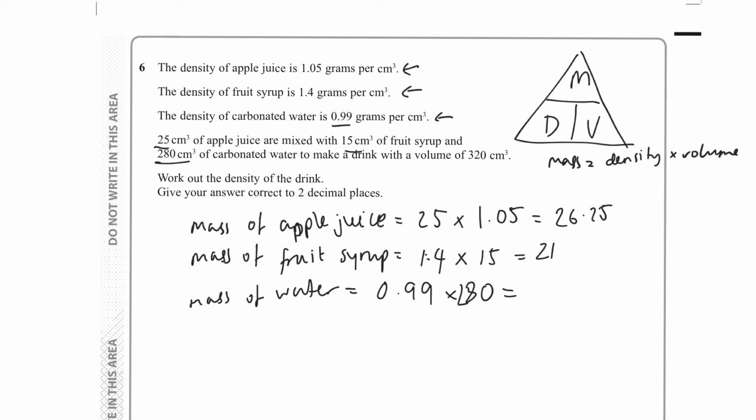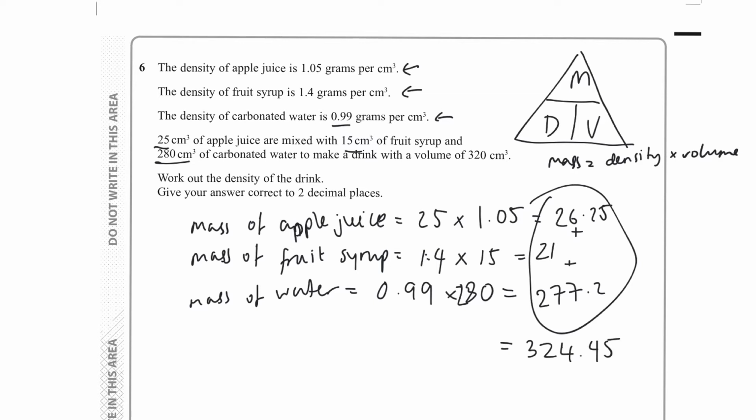Put that into your calculator, you would get 277.2. To work out the total mass, we add all those numbers together, and that should give you 324.45.